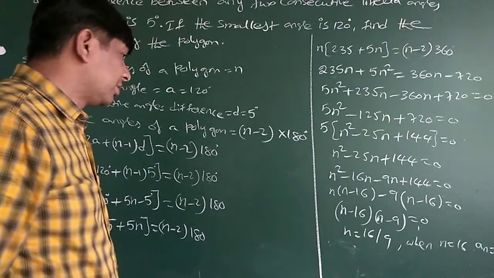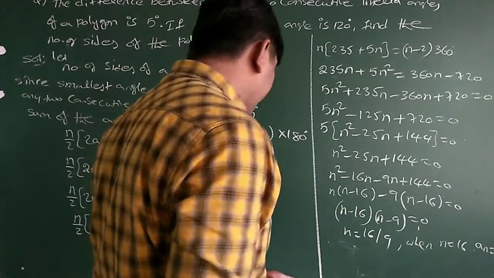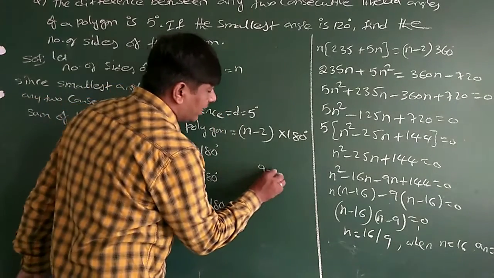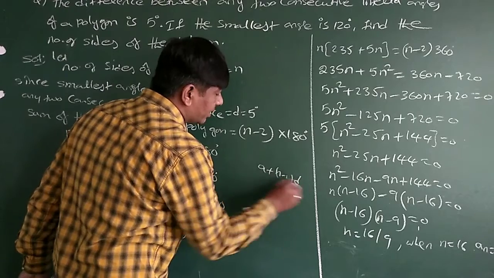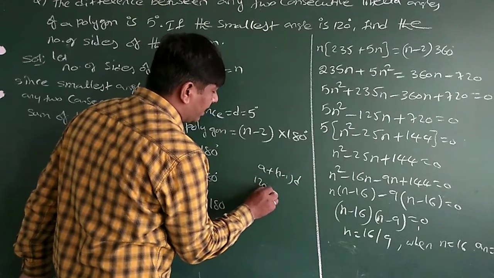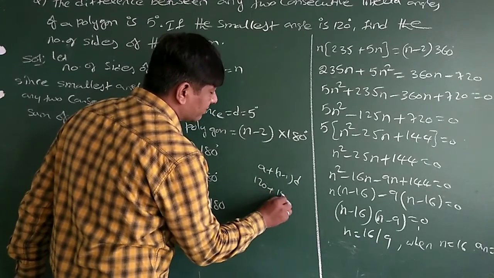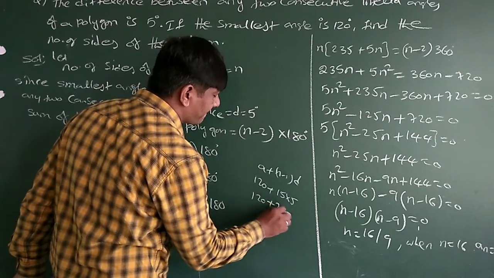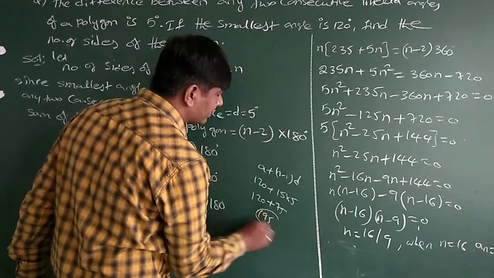We will get 195, because a plus n minus 1 into d. So 120 plus 16 minus 1, 15 into d, 15 times 5 is 75. 120 plus 75 is equal to 195 degrees.